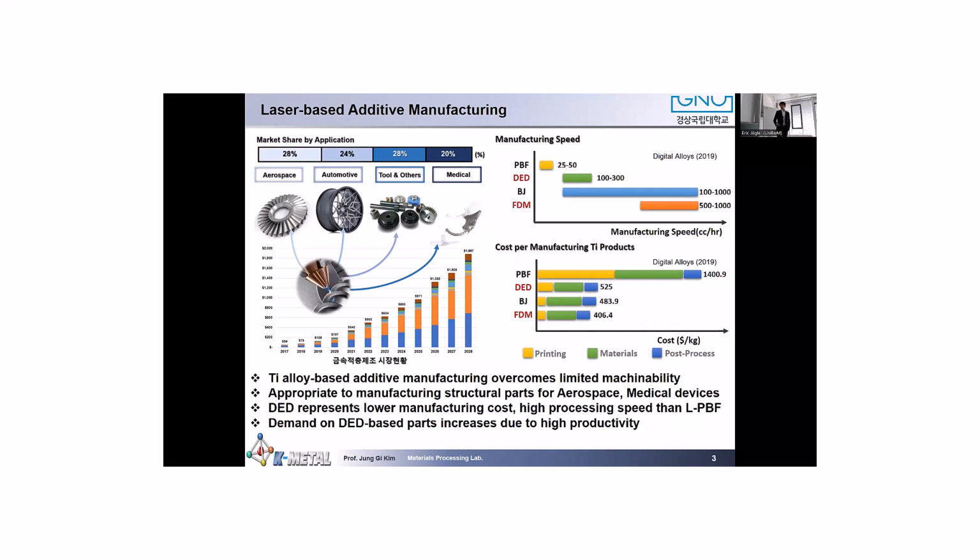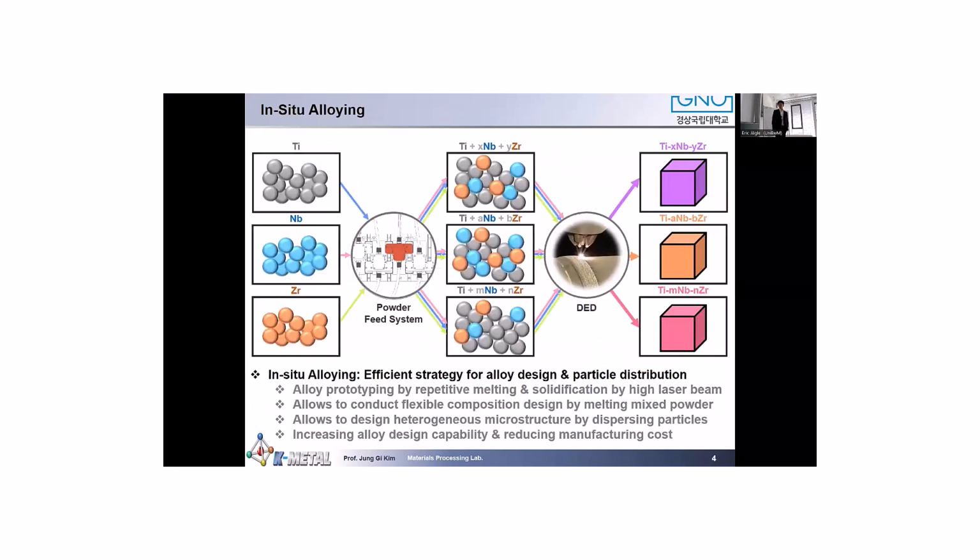It is appropriate for manufacturing aerospace or medical device parts because this process is helpful for flexible design depending on the demand of users. Especially DED offers lower manufacturing costs and high processing speed compared with LPBF, though its accuracy is a little bit low.